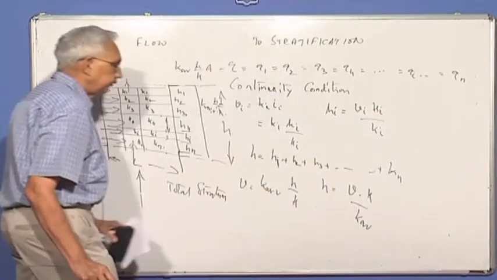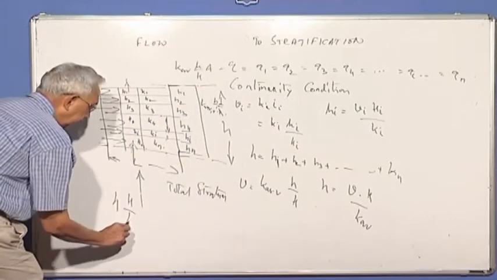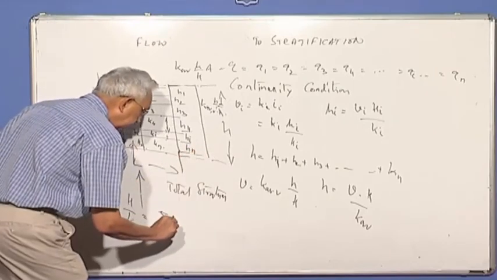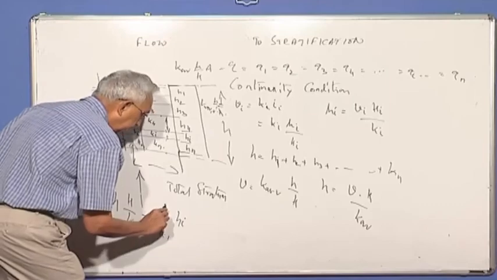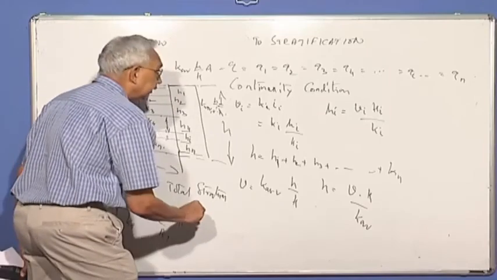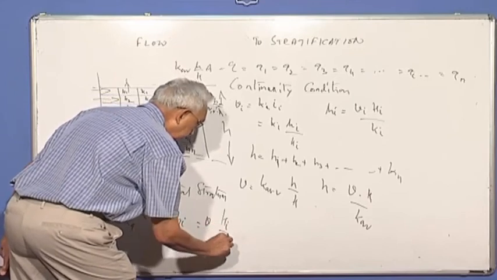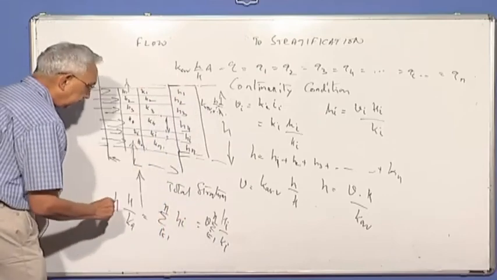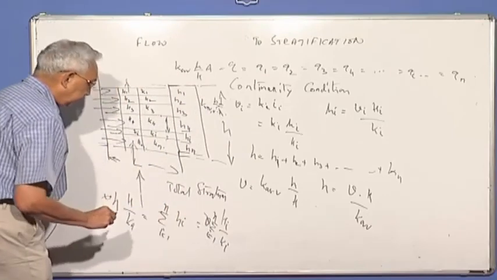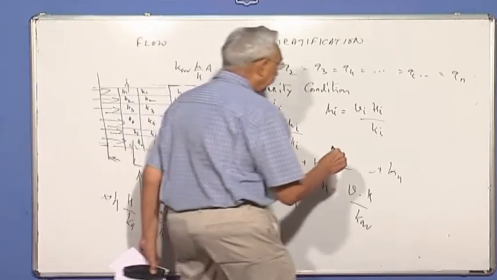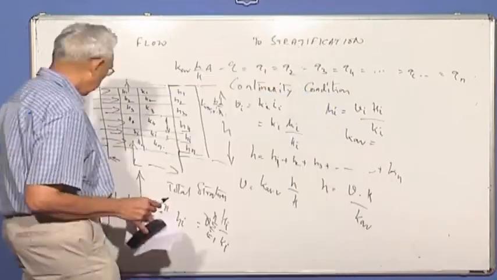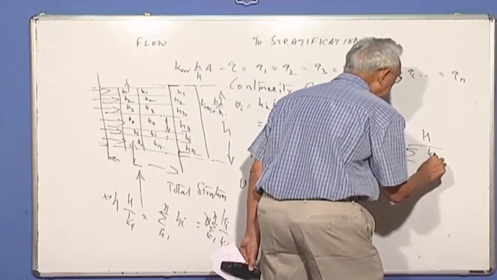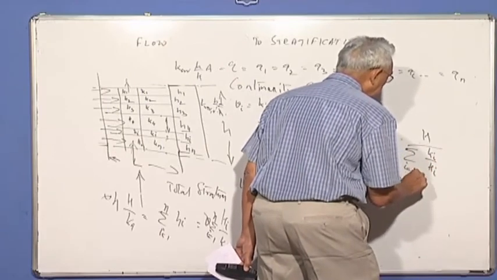Now if I substitute here, H is the sum of all the head losses. So the sum of Hi, I going from 1 to n, I would like to write as the sum of V Hi by Ki, I going from 1 to n. Okay, V is cancelled, velocity is the same. So what you will have is K average is equal to the total thickness divided by the sum of Hi by Ki, I going from 1 to n.